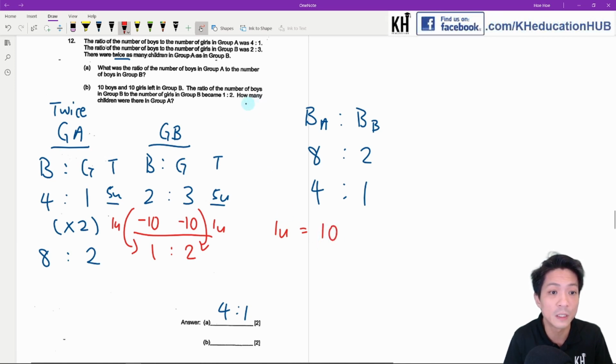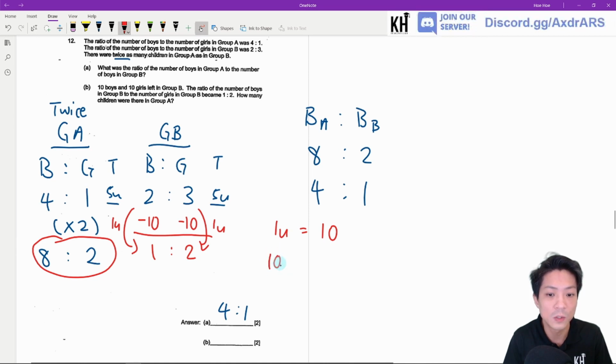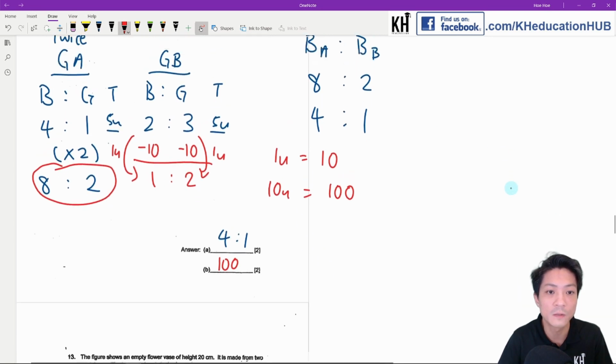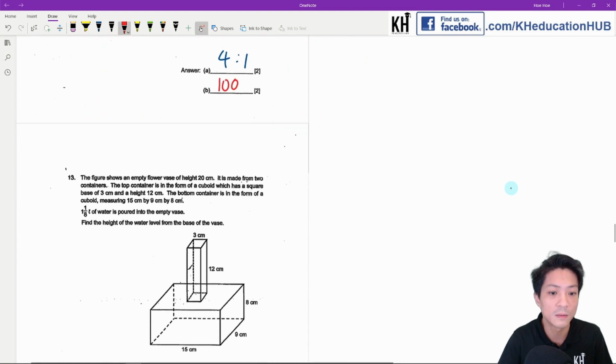And if you want to find out how many children were there in group A, in group A there is 10 units. So we need to find what is 10 units, which is equal to 100. So the answer for part B is 100.